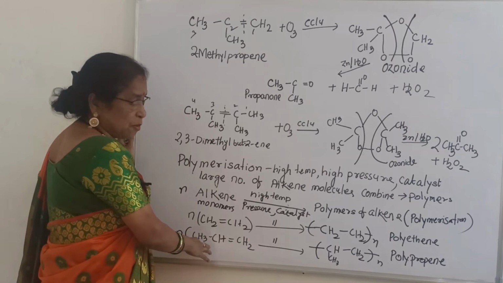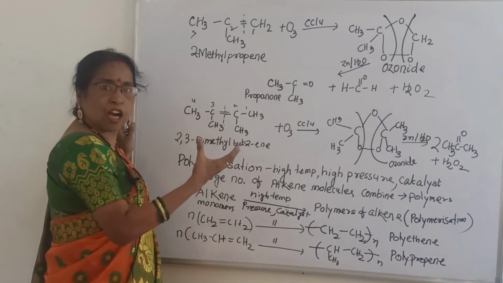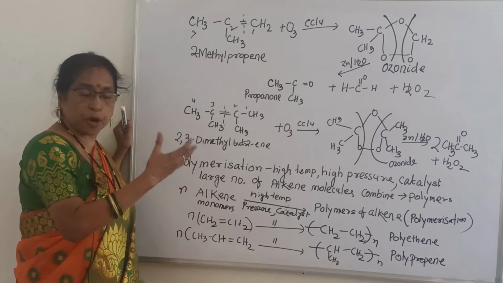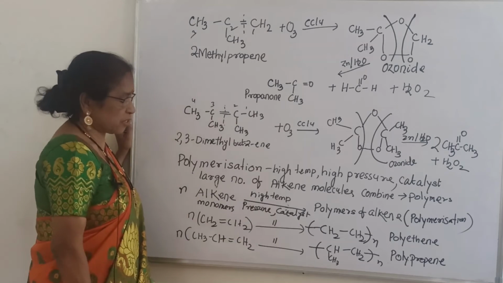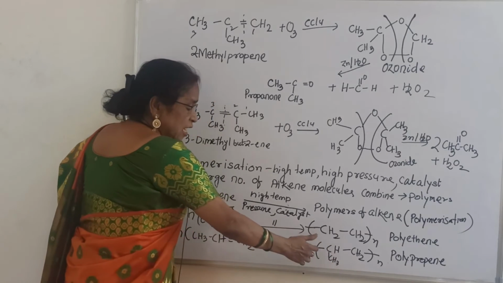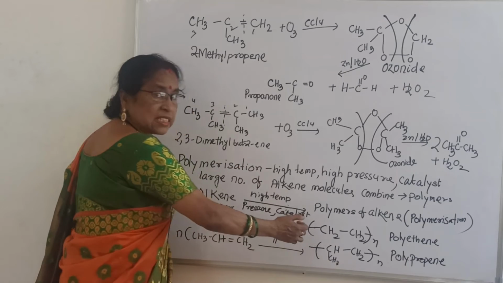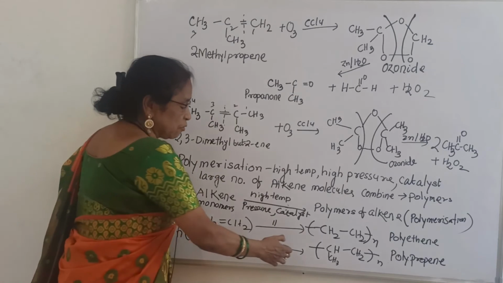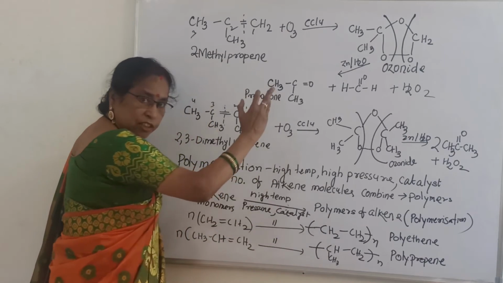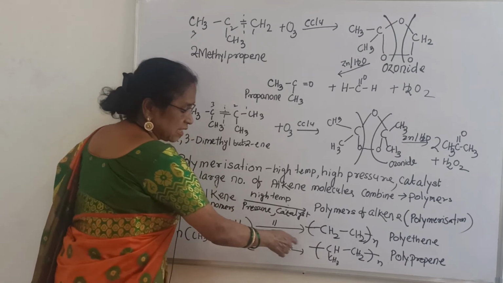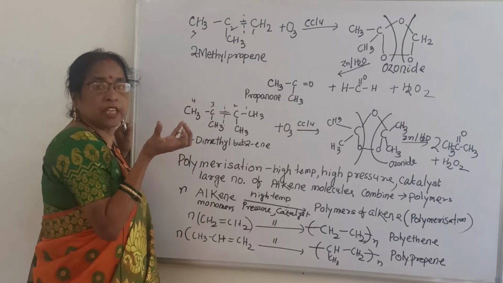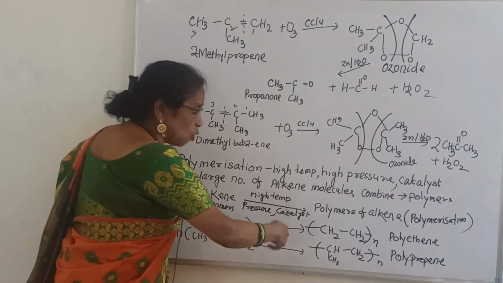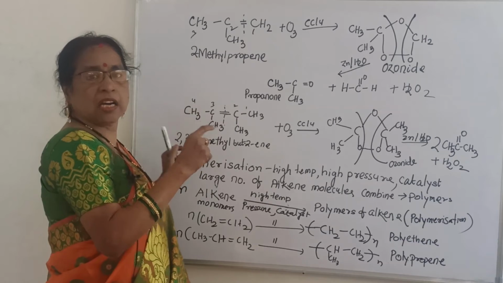Similarly, propene. You take n, a very large number of propene molecules, and under high pressure, temperature and catalyst, you will get this. If I put CH3 on this side, then the valency of carbon would be more than 4. That is why I have to put the CH3 on the downside, and this is only a part of the polymer, called polypropene, and n is a large number.